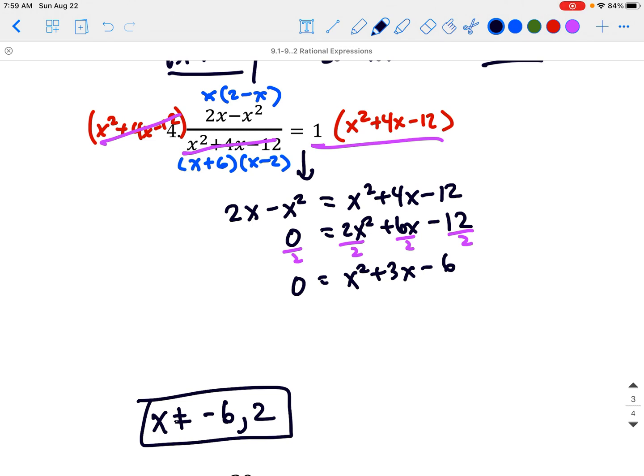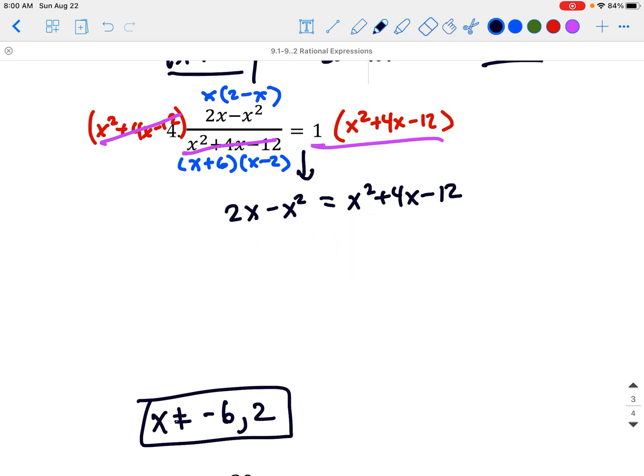And now we can try and factor this to see if it'll factor. Oops, and I think I did this incorrectly. Let's go back, because that doesn't work.